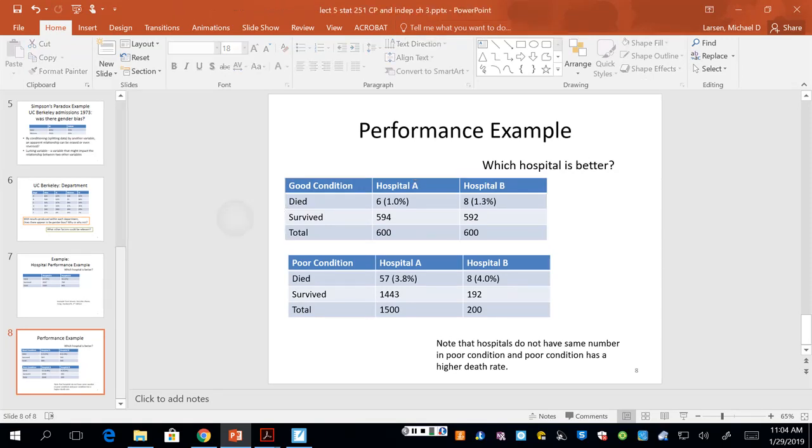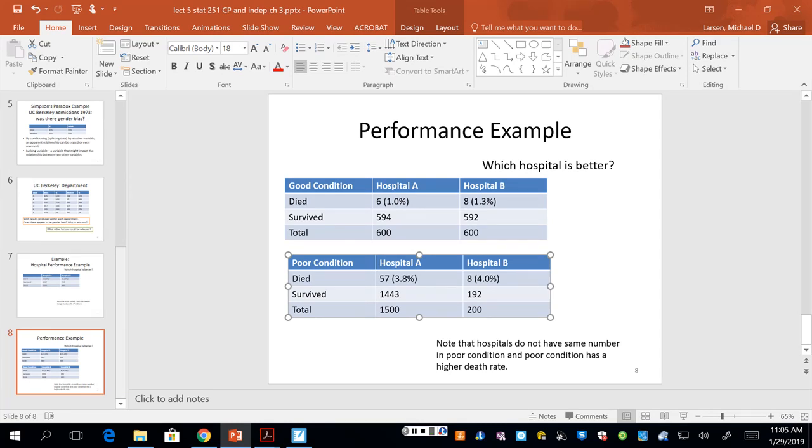And so we could have a situation where Hospital A, out of its 2,100 people, gets 600 that come to it in good condition, and they could achieve a 1%, 99% survival rate for those. And Hospital A could get the 1,500 who come in the poor condition and have about a 3.8% death rate. They started out not so well, so they don't survive as well.